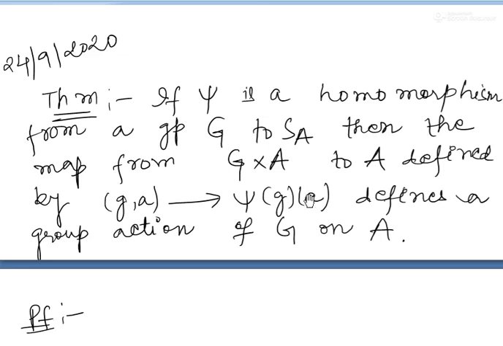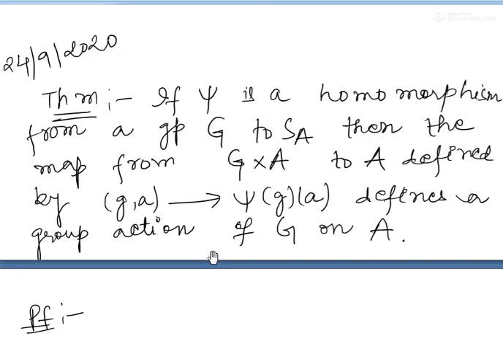So psi G of A will be some element of capital A. Okay, now it's clear. Psi G A is an element of capital A. So we have defined a map like this using psi, and psi is a homomorphism, it is given. Then this map, as we have defined, is a group action of G on A. So we have to show that it's a group action.